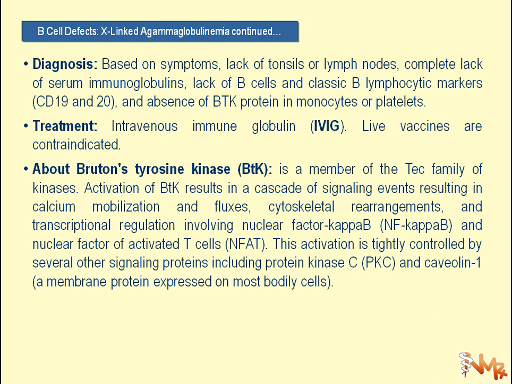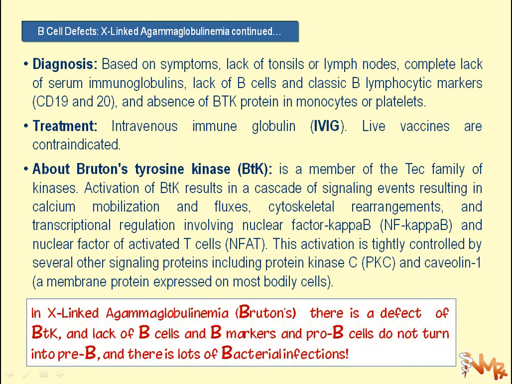This activation is tightly controlled by several other signaling proteins, including protein kinase C and caveolin 1, which is a membrane protein expressed on most bodily cells. Anyhow, a few facts for you to remember. The exam is not heavy on these, but for those rare questions on the exam, it's good to familiarize your eyes and ears with these essentially proteins and names.